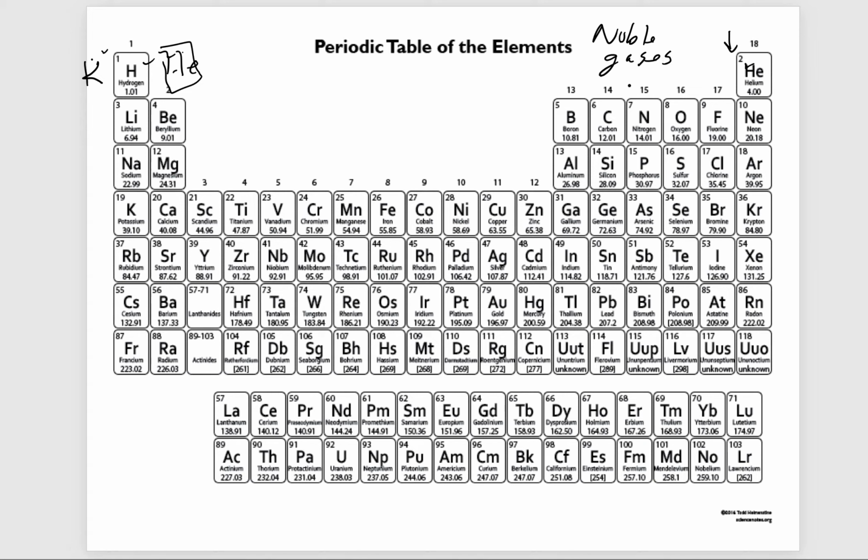Because when the outermost shell is full, then it's very unlikely that those elements will form compounds with other elements, and so they don't interact with one another, and they're called noble gases. After the idea that you have a stratified societal order and the nobles are at the top and they don't interact with anybody.